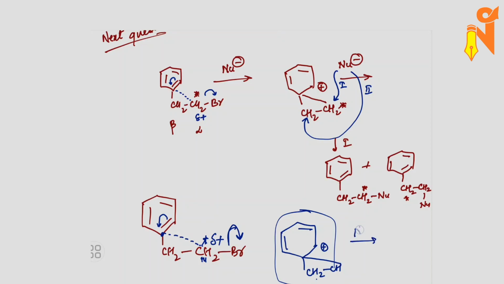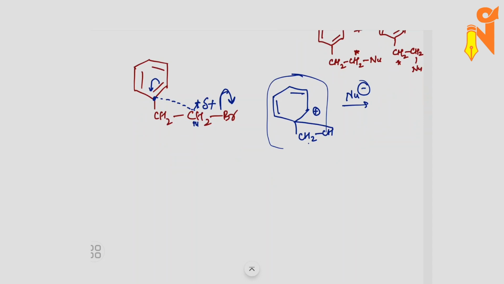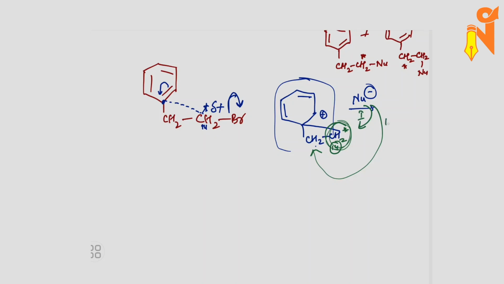Now if a nucleophile comes, the nucleophile can attack on 2 places. I had told you there is one carbon 14 over here, so this is my carbon 14. Let's keep it in the circled manner. So the nucleophile can attack over here and the nucleophile can attack over here also. So this is pathway 1 and this is pathway 2. When we do so, the species will look like this.